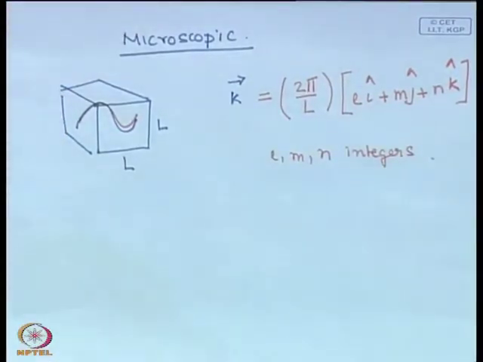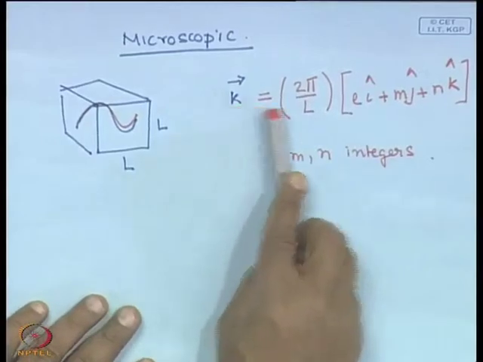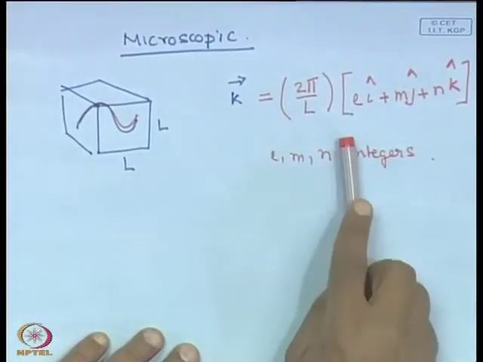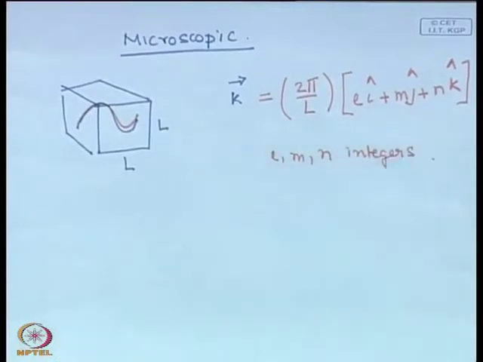Okay, so, the possible wave vectors for the electromagnetic waves that you can have inside this box are restricted, and they are of the form that the wave vector should be 2 pi by L, l into i plus m into j plus n into k, where l, m and n are integers.